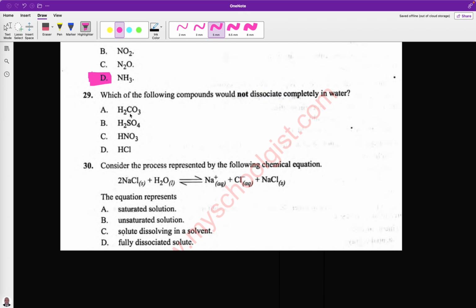The weak acid is this one. It will ionize or dissociate partially.